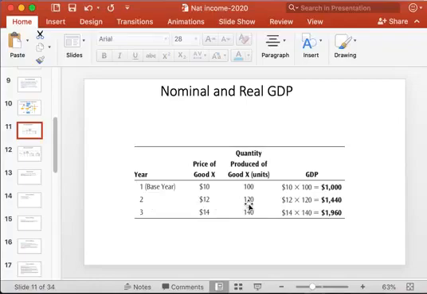Suppose in the year 2, if the quantity of good produced remains same as year 1, which is equal to 100 here, then the GDP here for year 2 will be 1,200 instead of 1,440.